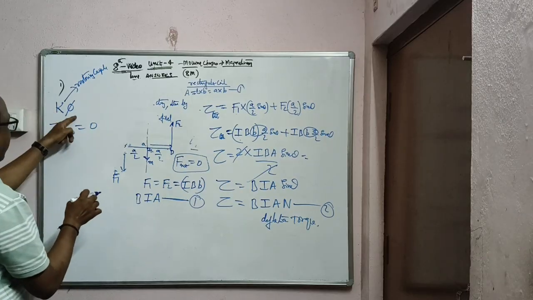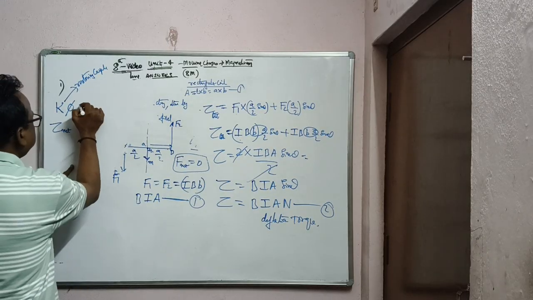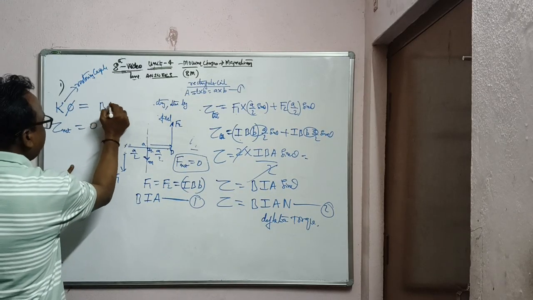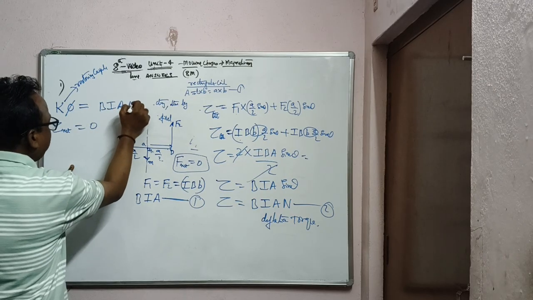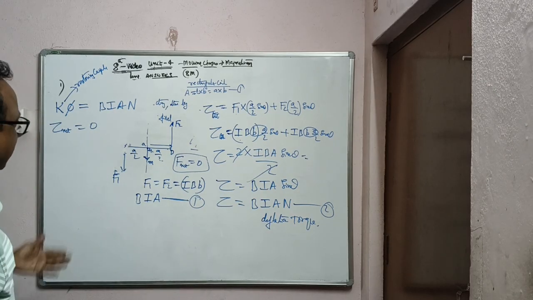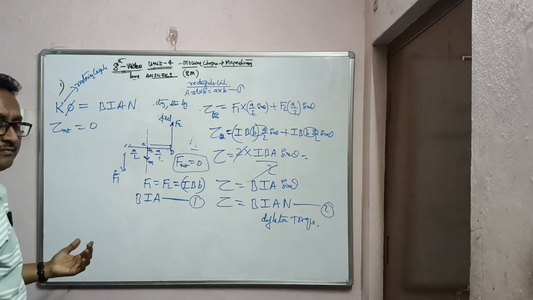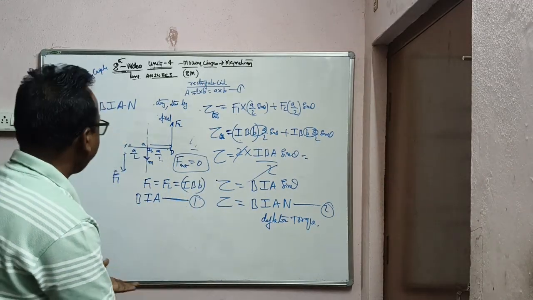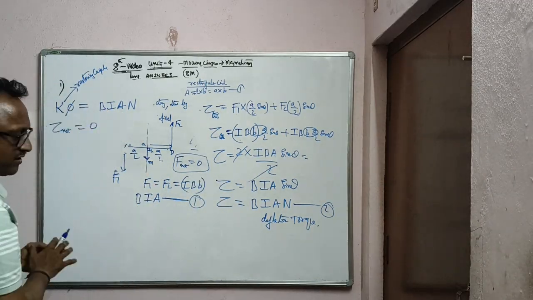So K phi is equal to BIAN. That is the meaning. When it is in rest position, deflection is equal to restoring.